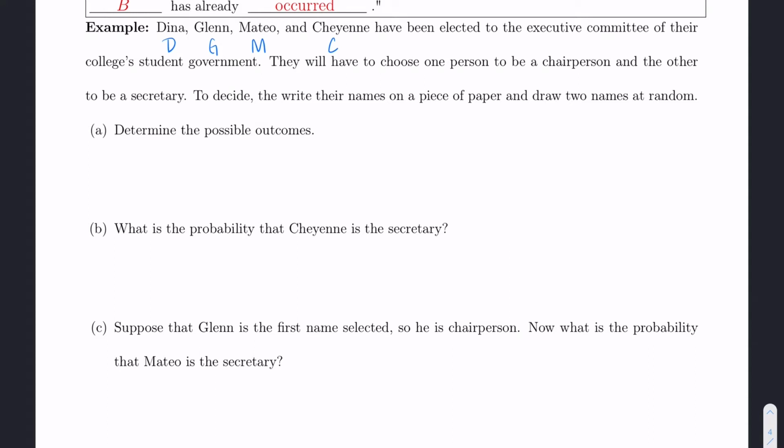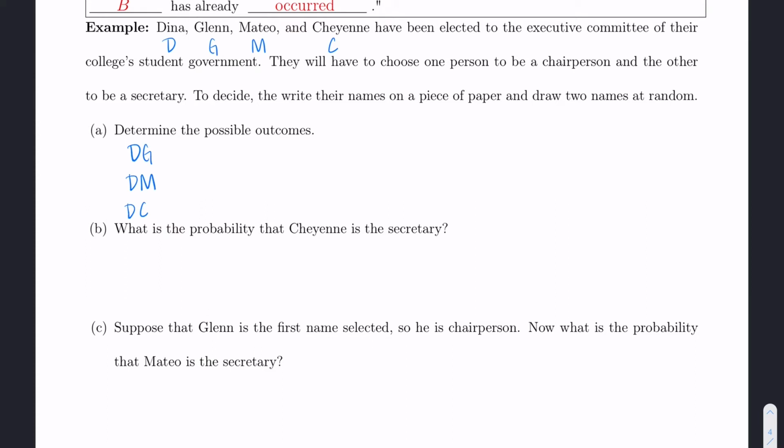To think about part A, the possible outcomes, I'm going to first consider the cases. When is Dina chairperson? If Dina is chairperson, then the other 3 can be her secretary. So either Glenn is the secretary, Mateo is the secretary, or Cheyenne is the secretary. That covers all of the cases when Dina is the chairperson.